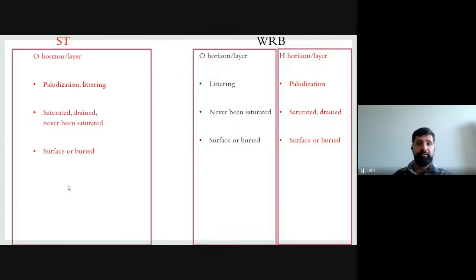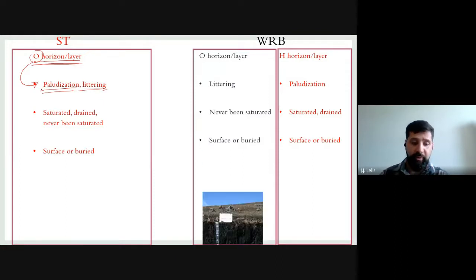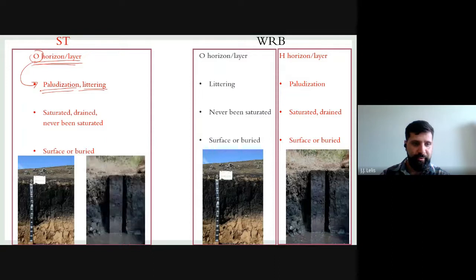So let's start with the organic horizons or layers. As I said, we have in Soil Taxonomy only one organic horizon or layer. That's the O horizon. This horizon or layer is formed by paludization and/or littering. This horizon could be formed by waterlogged conditions.